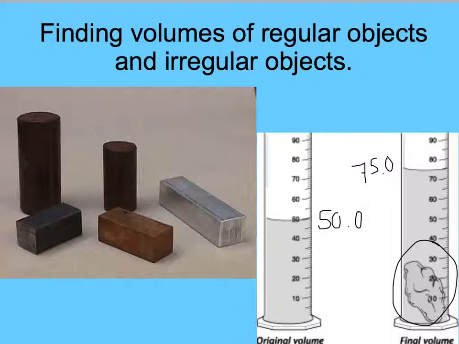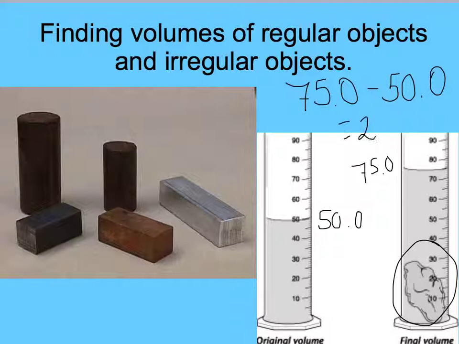So to get the volume of the object, you would just take the one with the object dropped in, 75.0, and subtract from that what it was before it was dropped in, so 50.0. And your answer, in this case 25.0 milliliters, would be the volume of your object.